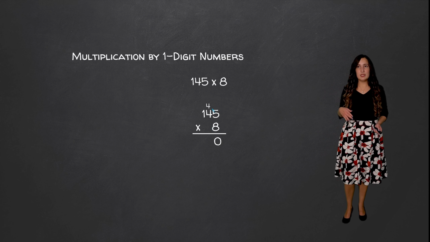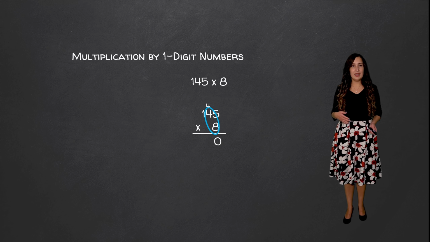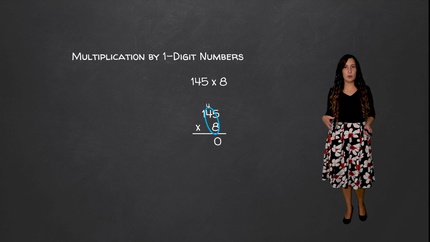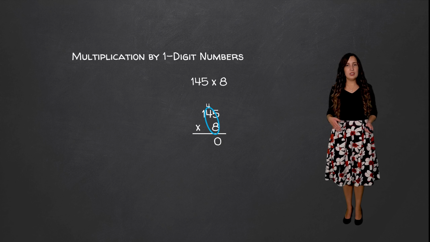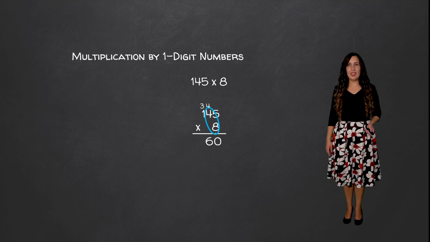And then that comes into effect when we do 8 times 4. 8 times 4 is equal to 32, and then don't forget that we have to add that 4 that we carried over. So 32 plus 4 is equal to 36. We write the 6 here, and we carry over the 3.